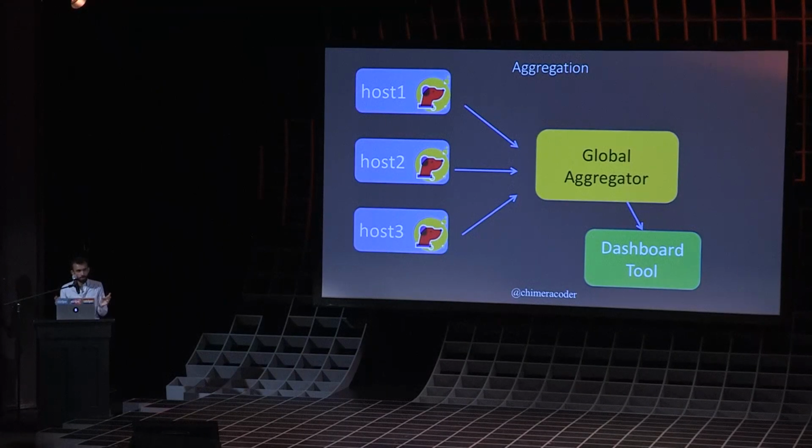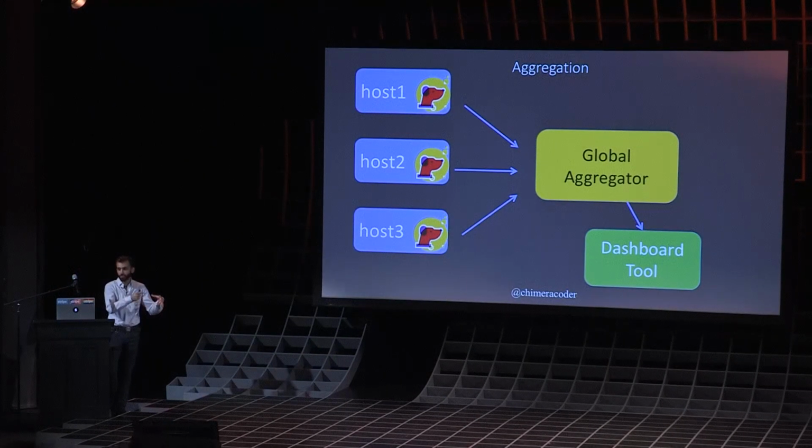So we'd have to keep all of the full data set and still send that to a single global aggregator box. And that defeats the whole point, because we've now introduced a single point of failure, and we've also reintroduced the load problem, where we're still sending all of our metrics to a single aggregator.